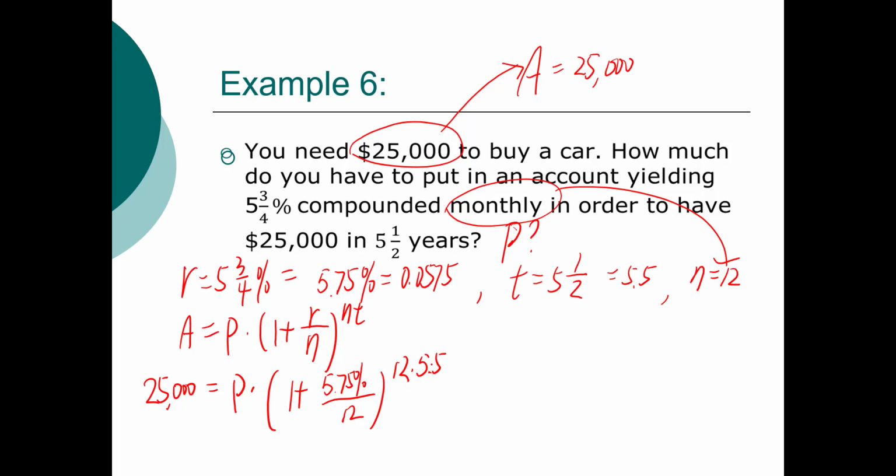To solve for P, we divide both sides of the equation by the exponent, 1 plus 0.75% over 12 to the power 12 times 5.5, that's 66.